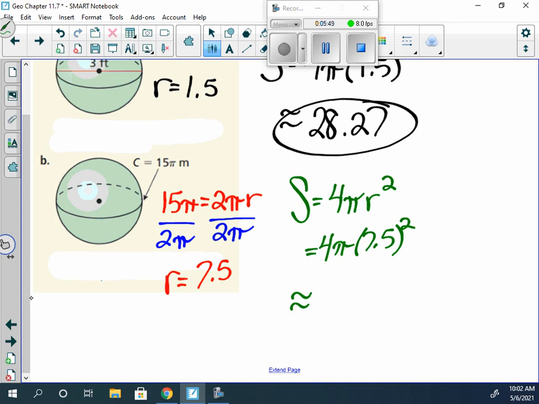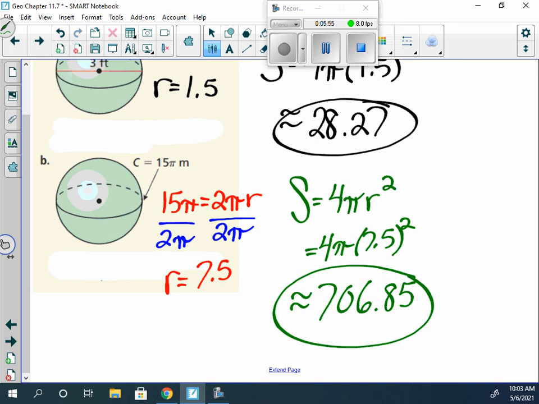That gives us 706.85. And that's it. Any questions on any of this here?